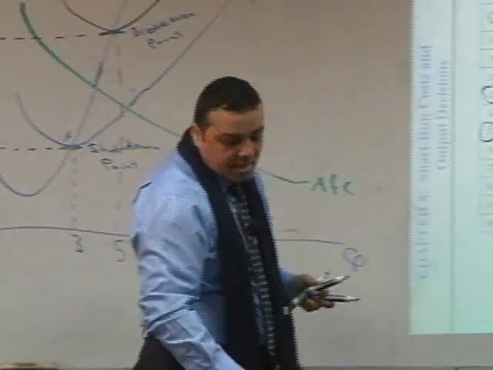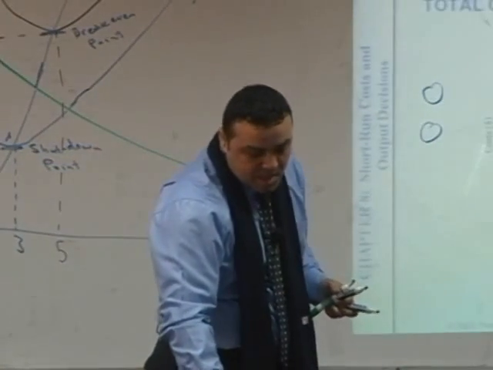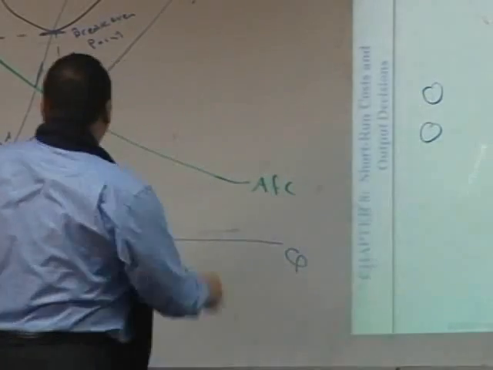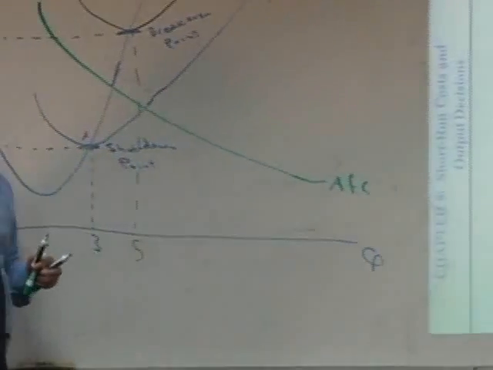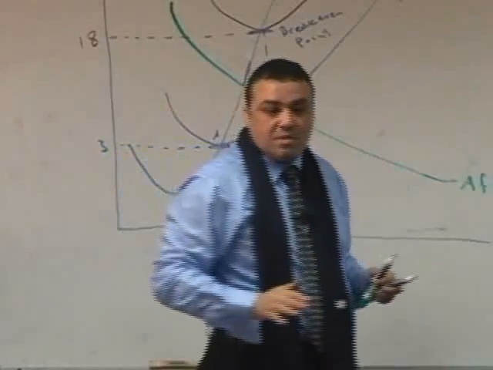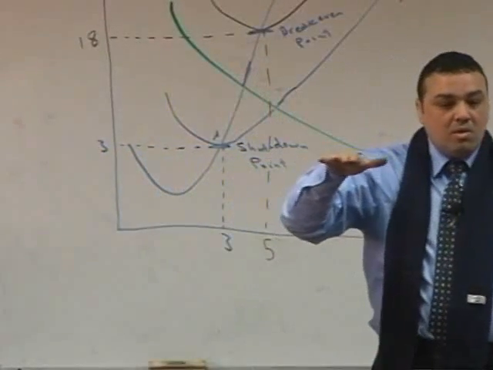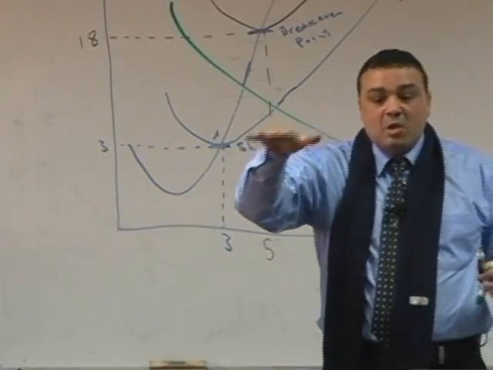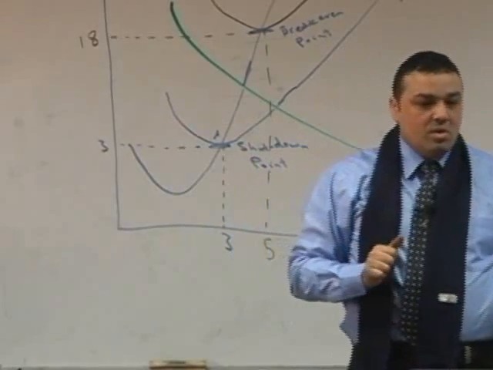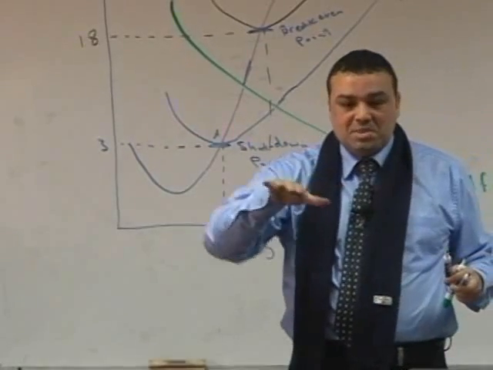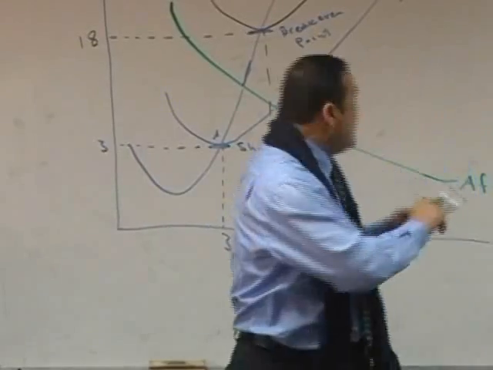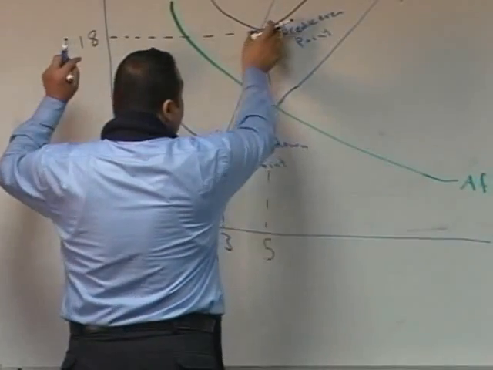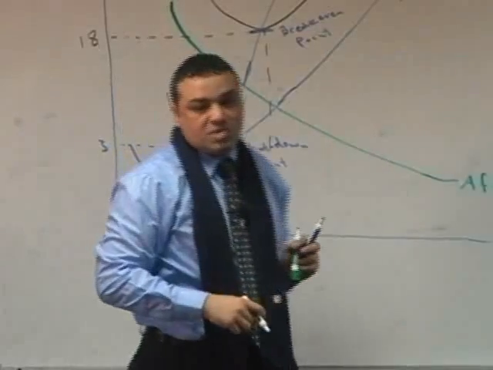Let's come back to the analysis. At the break even, the total revenue equals the total cost. There are no profits, or the economic profit equals 0, or we have normal profits. So at this point, total revenue equals the total cost.